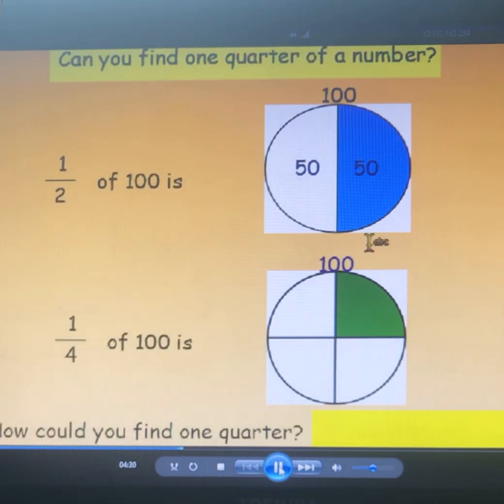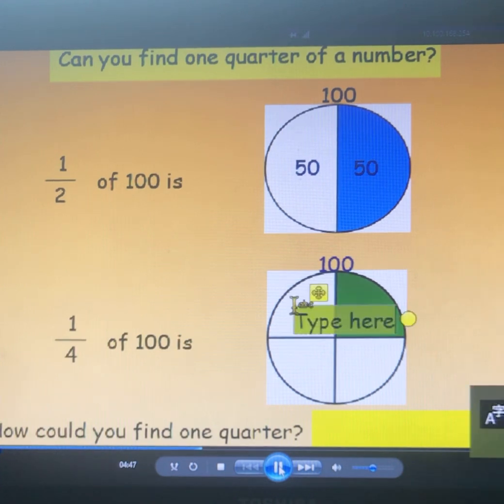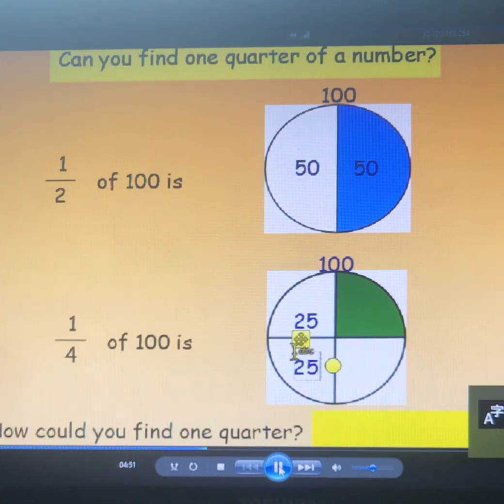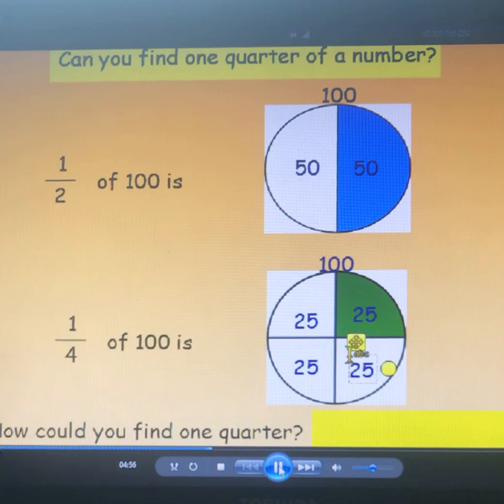So first I need to find half of the number, and then I need to half it again. So I said half of 100 is 50. What's half of 50? Half of 50 is 25. 25, 25, 25, 25. 4 lots of 25 make 100.